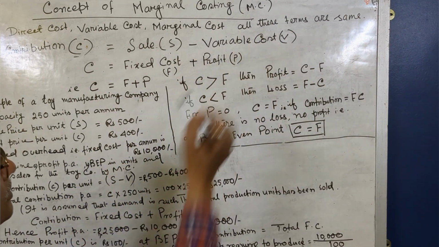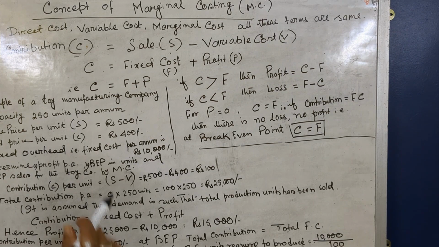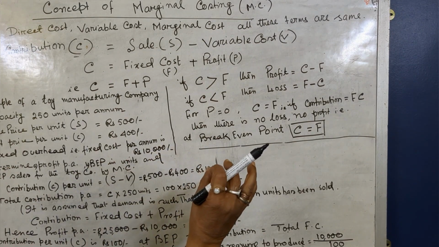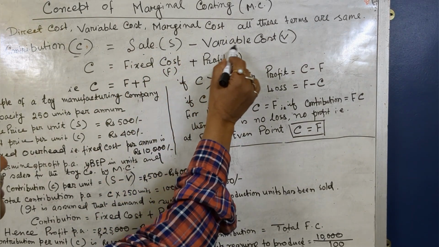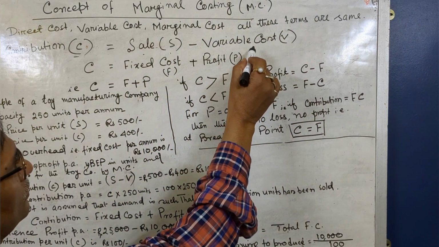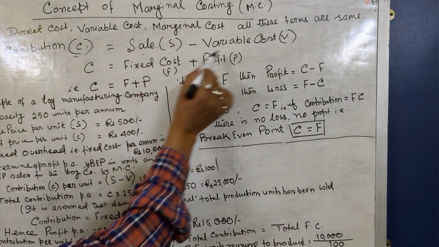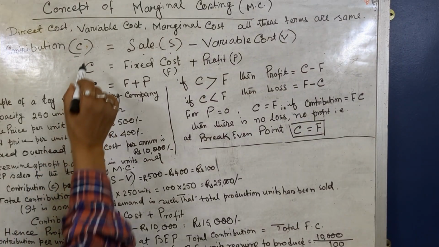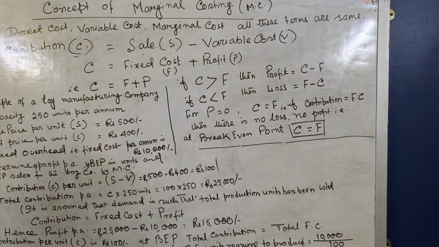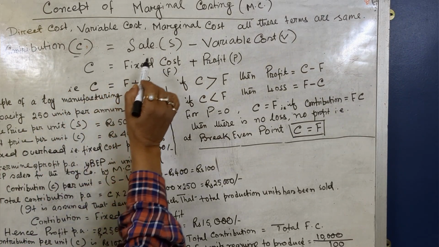And the variable cost, which I have just mentioned, visible to the product, goes out. That product brings sales revenue and variable cost goes out, and the difference is the contribution provided by the product. That means you are getting this much contribution from that product.